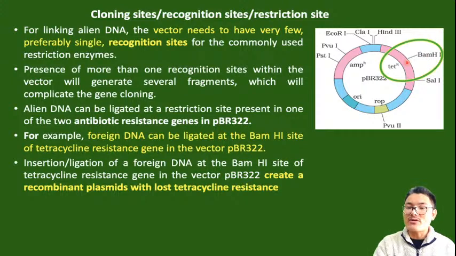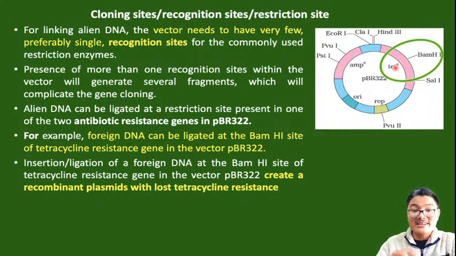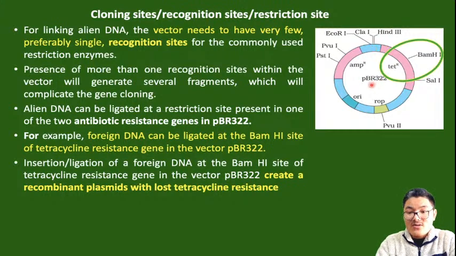Though I was discussing many things regarding cloning sites, restriction sites and recognition sites, what you need to remember is that pBR322 is a good cloning vector. Why? It has many recognition sites for different enzymes.